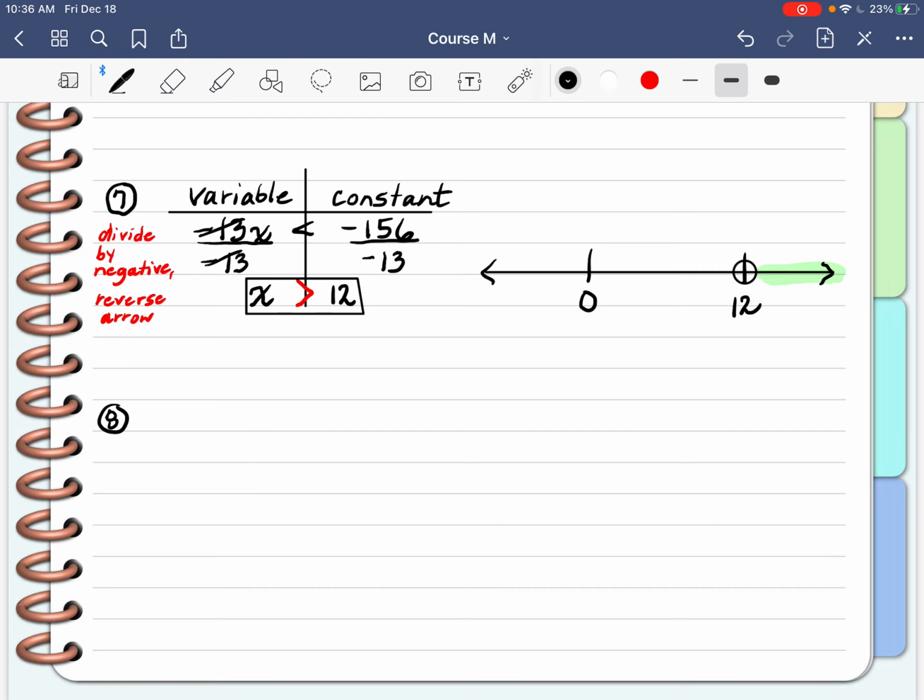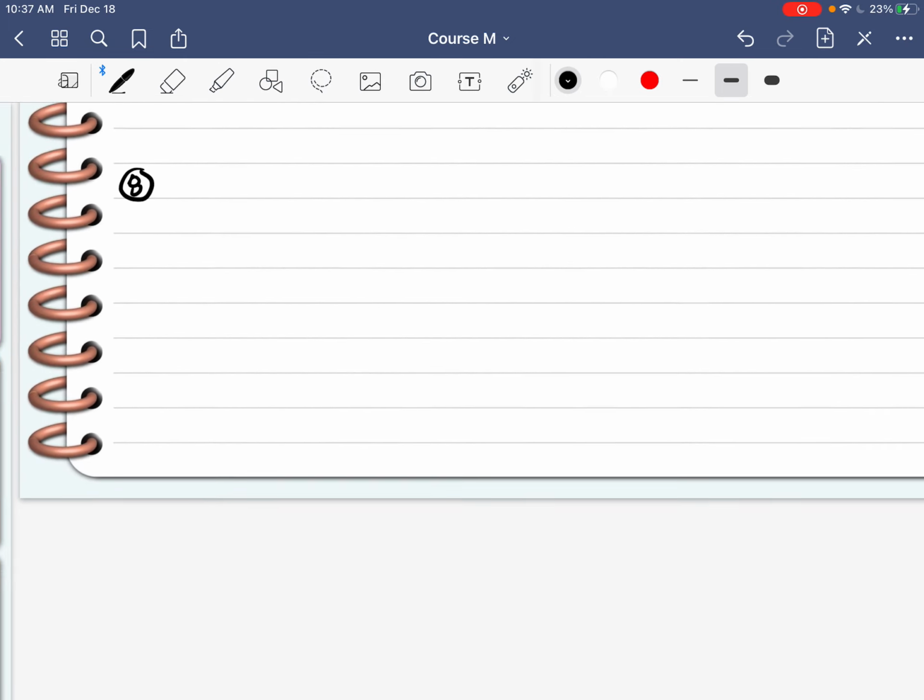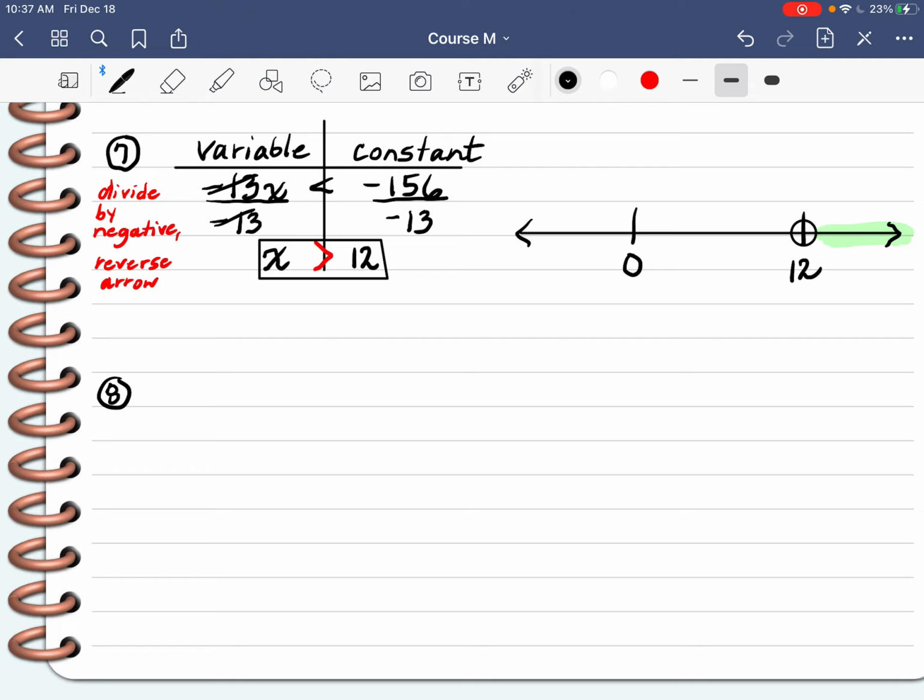Okay, number 8. We have 3 is less than negative 5n plus 2n. So let's draw our power t. And this time we have constant on the left, so it is not standardized.